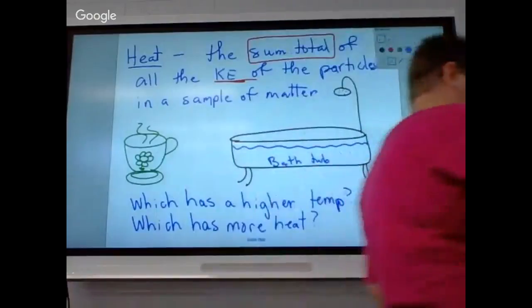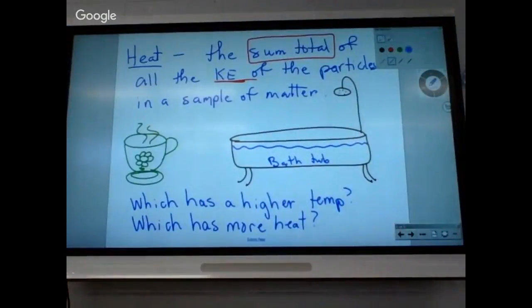Okay. Now, which one has a higher temperature and which one has more heat? And then we're going to talk about why. The teacup has what? Okay. Teacup is going to have a higher temperature.